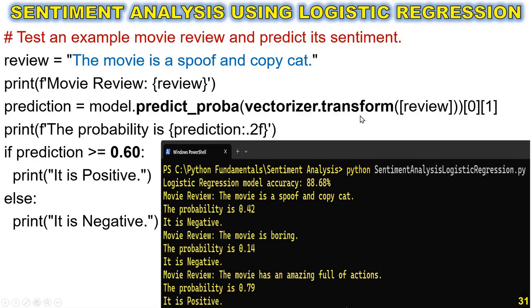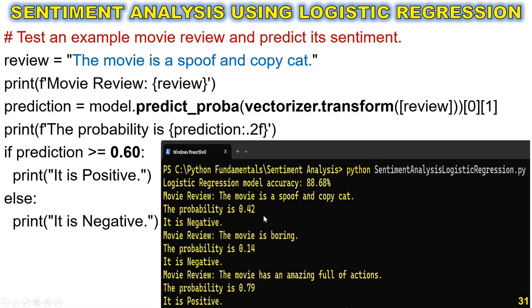Finally, the text converted into numbers is passed as an argument to the method called predict_proba, giving a probability from 0 to 1. When we run this Python code, the predicted sentiment is negative.